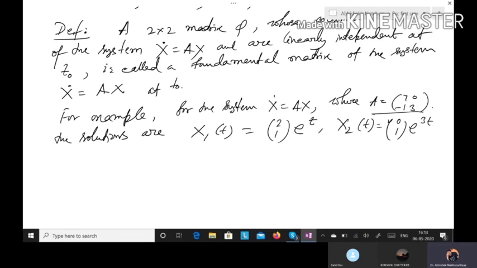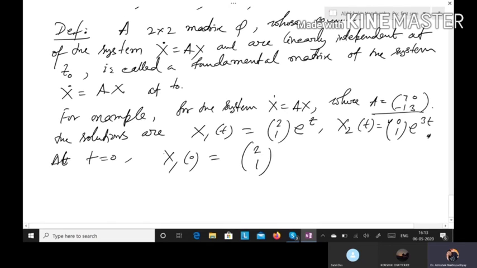Now suppose this system has these solutions. Now at t equal to 0, what shall we get? x1(0) is 2 1 e to the power 0, that means (2, 1), and x2(0) is (0, 1).